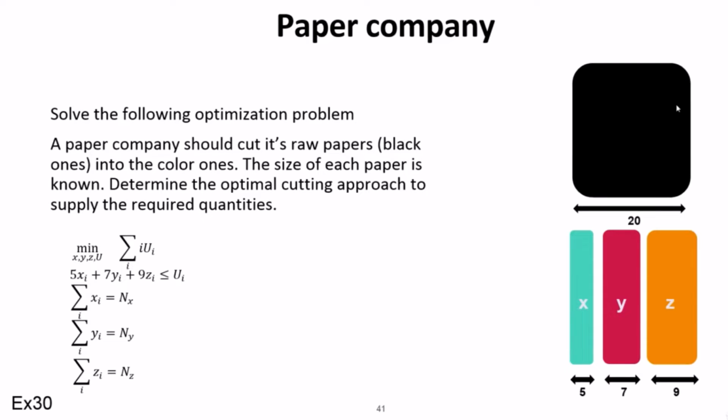And there are some parts that are lost. So how should I do that in a way that the number of big papers I'm using is minimized?